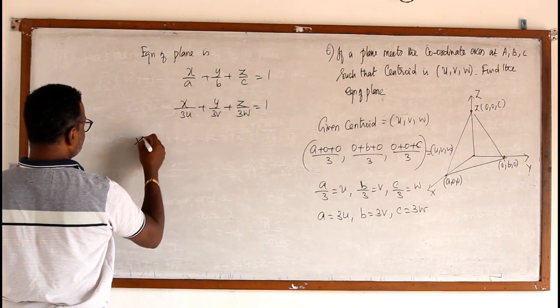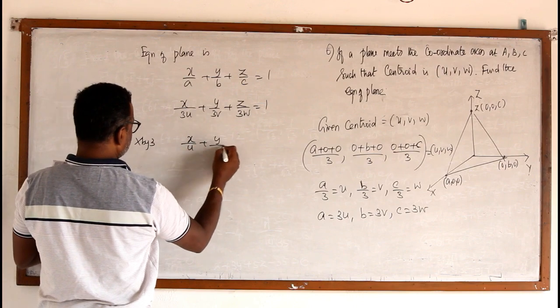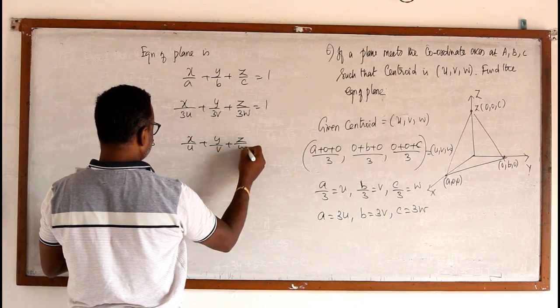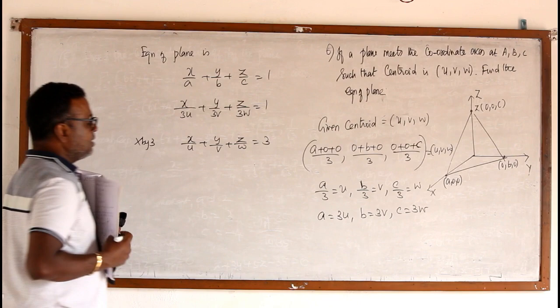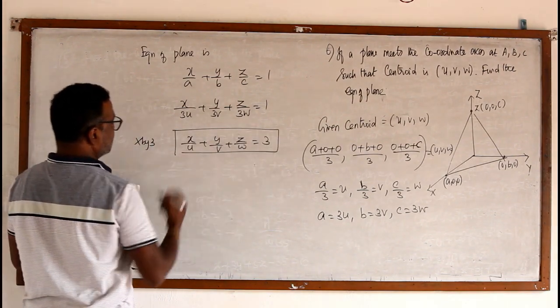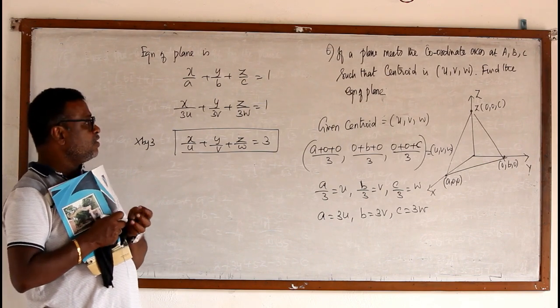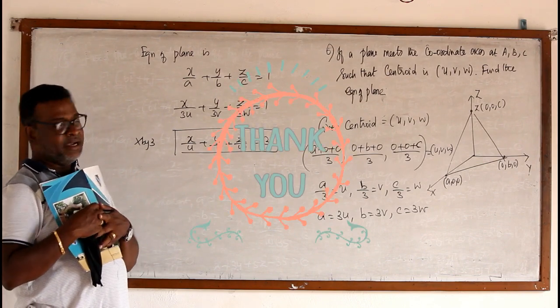Multiply by 3, then this is x by U plus y by V plus z by W equal to 3. This is the equation of the plane. So with that, exercise 6.6 is over. So we put the equation of plane in normal form.